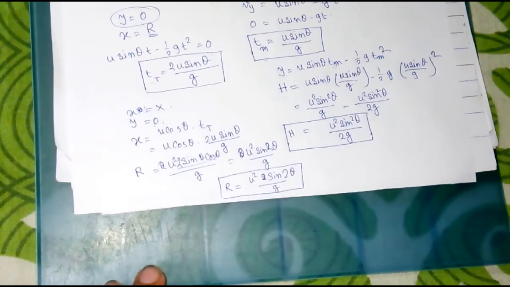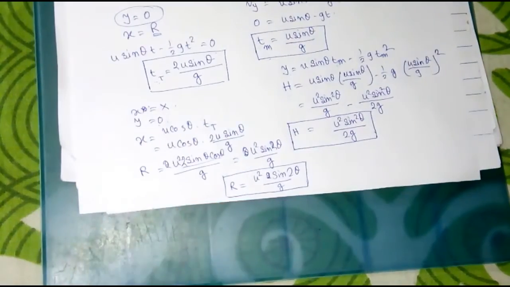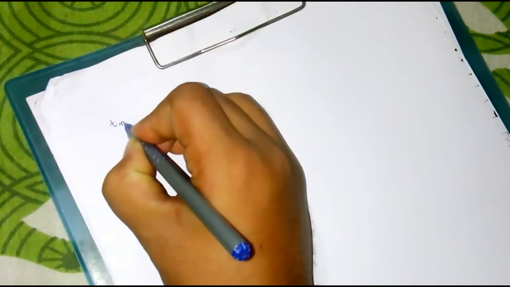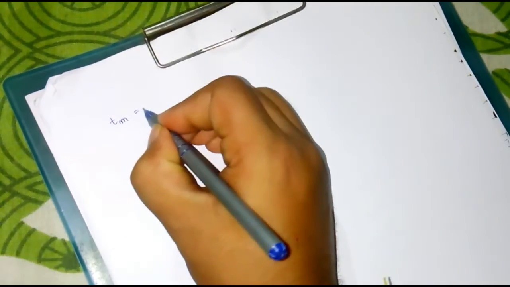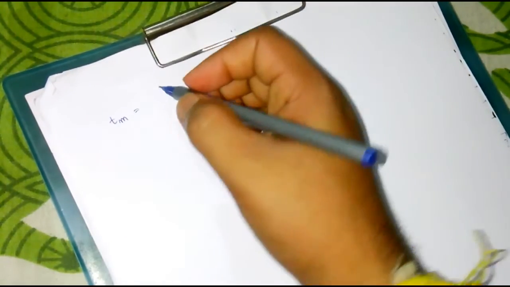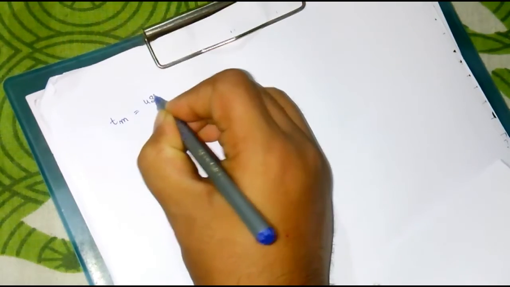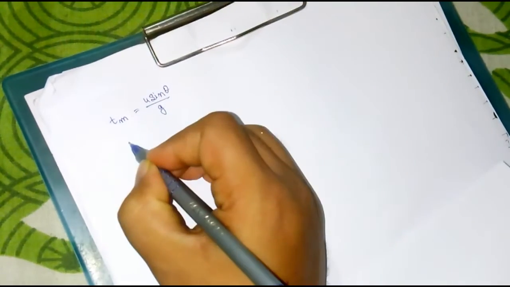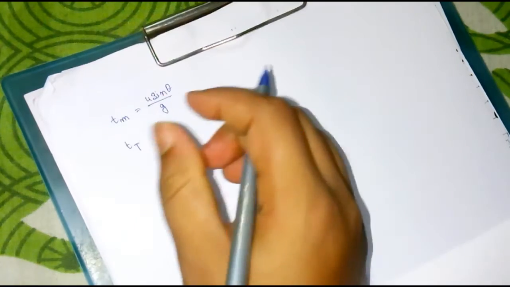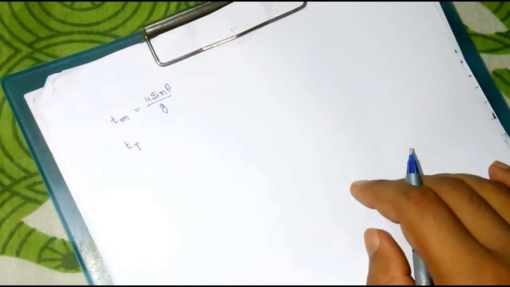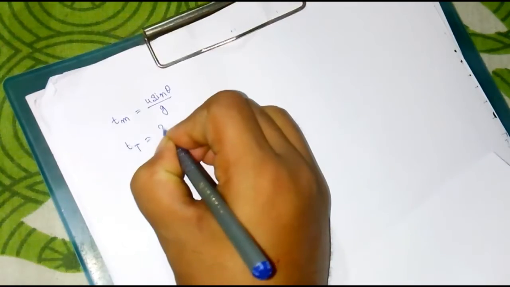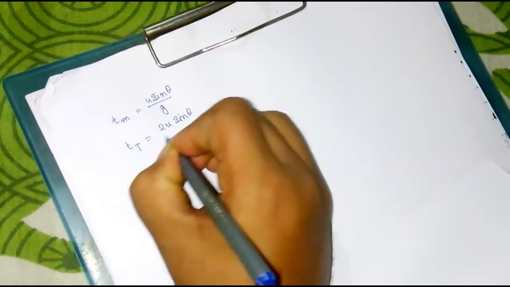Now let's see what things we are getting. We get the time at which the object reaches the maximum height. What will be the time? The time is u sin theta divided by g, right? And the total time that the object travels is 2u sin theta divided by g.